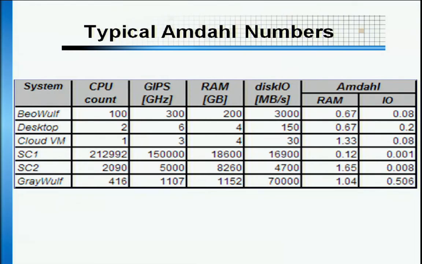So at that time, we also computed Amdahl numbers. They basically take the normal sequential I/O in bits per second and roughly count the clock rate of the processors for different types of machines. An Amdahl balanced machine would have an Amdahl number of about 1. The typical Beowulf cluster would have an Amdahl number of about 0.08.